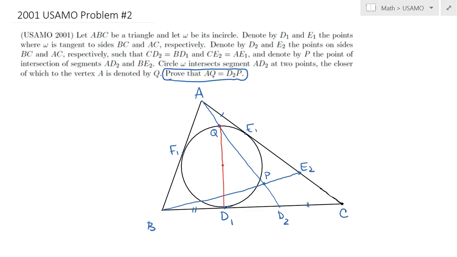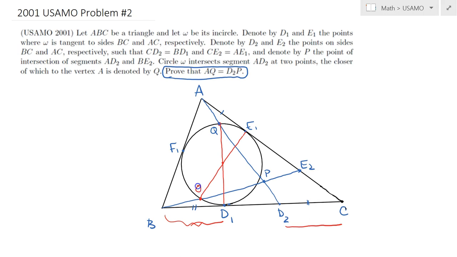The reason is that because BD1 is equal to D2C, the line AD2 will contain the point opposite to D1 on the same diameter. By the same reasoning, BE2 will pass through the point opposite E1, which we can call Q prime.